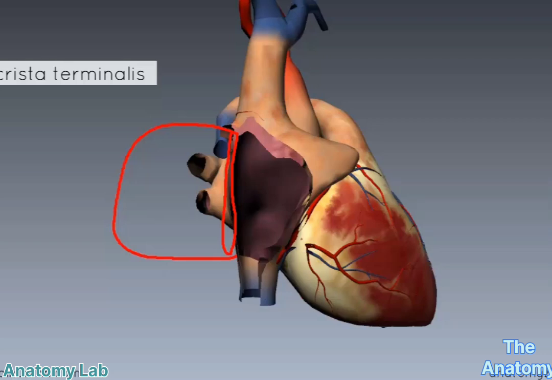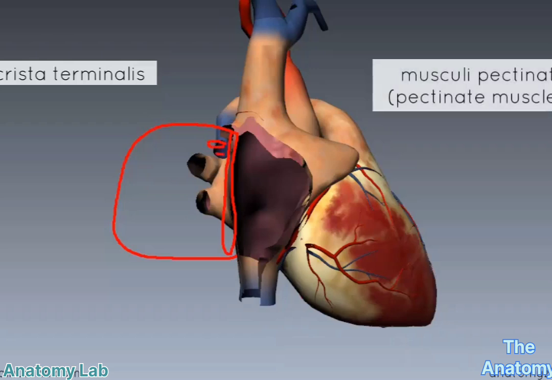muscular ridged wall. On the muscular anterior ridged part, you've got these little muscular ridges called musculi pectinati. I've just drawn them on here, and they're called musculi pectinati, or pectinate muscles. And these pectinate muscles extend into this right atrial appendage, or the right auricle.